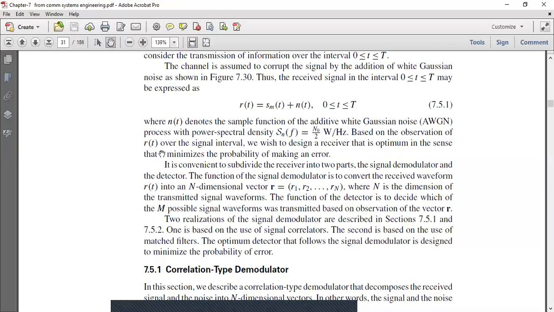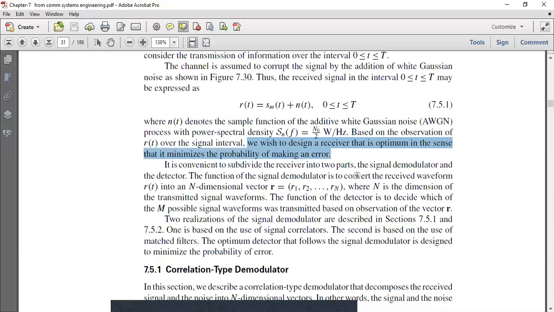Based on the observation of r(t) over the signal interval, we wish to design a receiver that is optimum in the sense that it minimizes the probability of making an error. So we have to design a receiver. This sentence is very important.